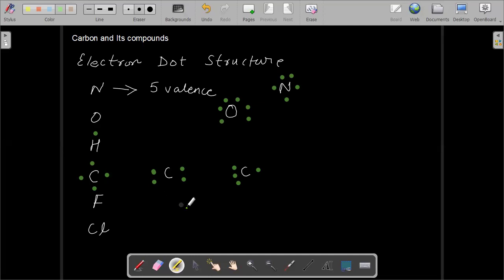Can you show oxygen once again? Okay, so oxygen is here, where you have represented 6 electrons. See this one?